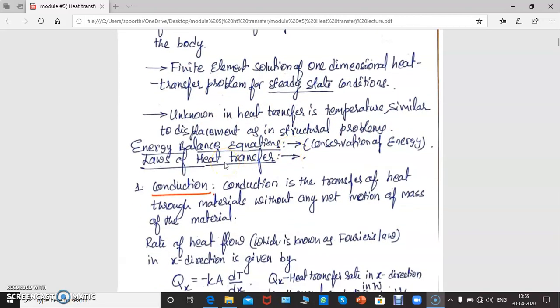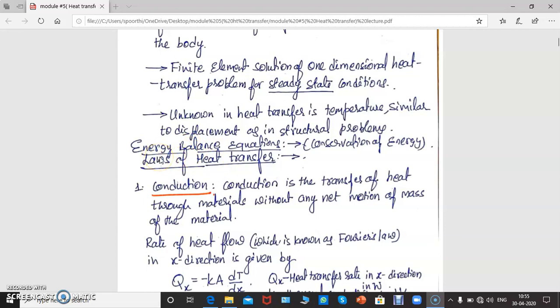Now, I am going to brief you about the kind of equations that we use in heat transfer. Some basic idea is required, otherwise you will not be able to solve the problem. Even if you solve the problems, it becomes purely mechanical.